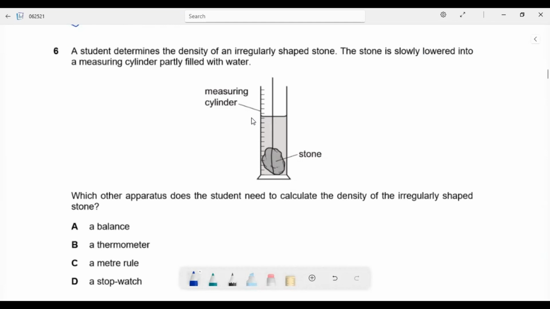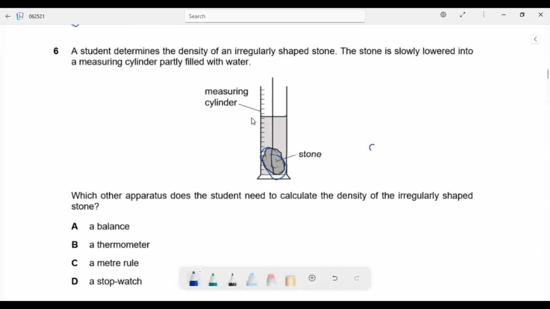Next, a student determines the density of an irregularly shaped stone. The stone is slowly lowered into a measuring cylinder partly filled with water. Which apparatus does the student need to calculate the density of an irregularly shaped stone?